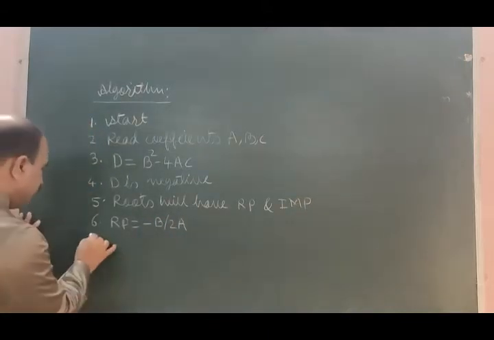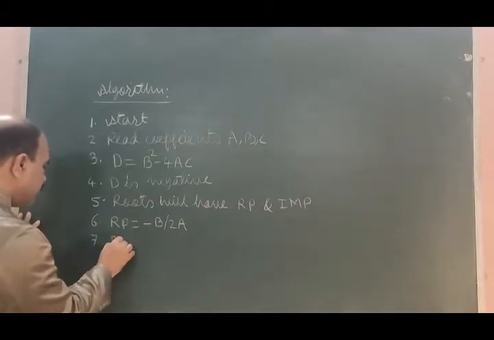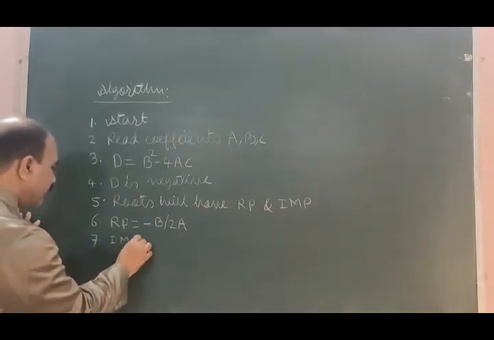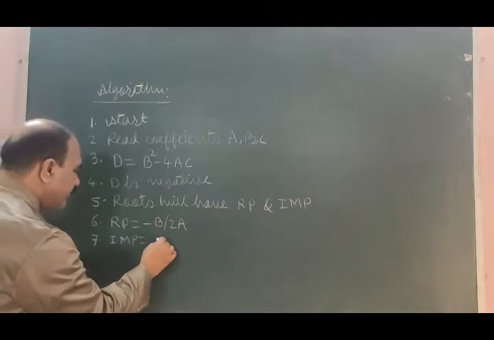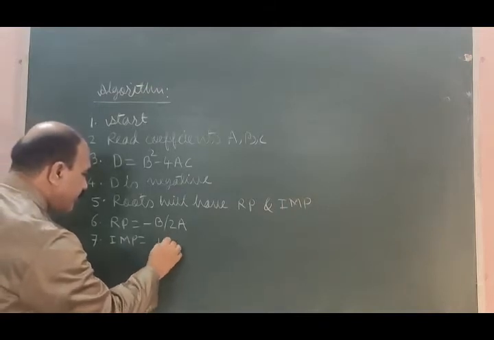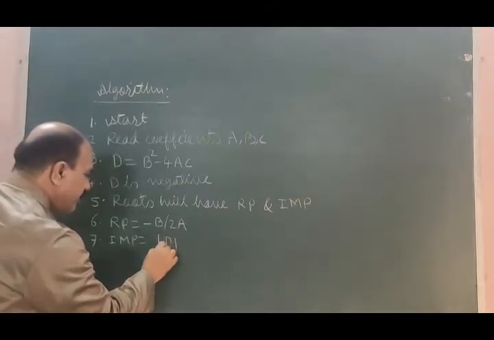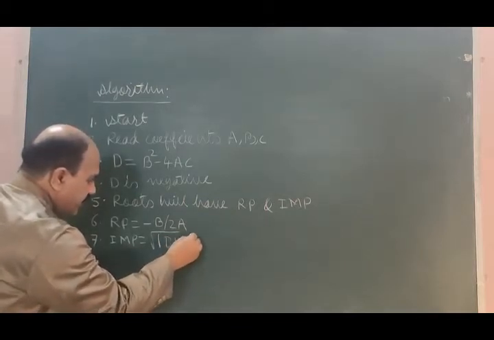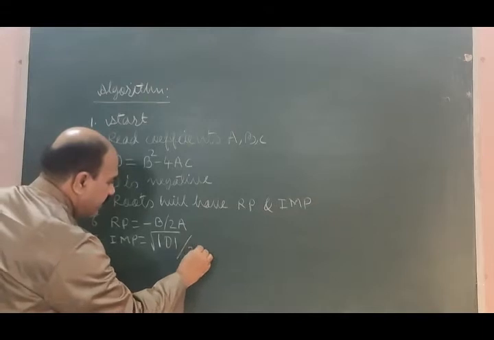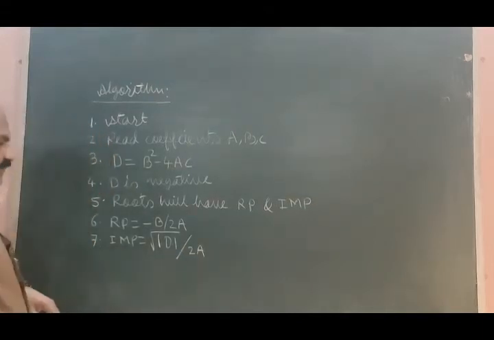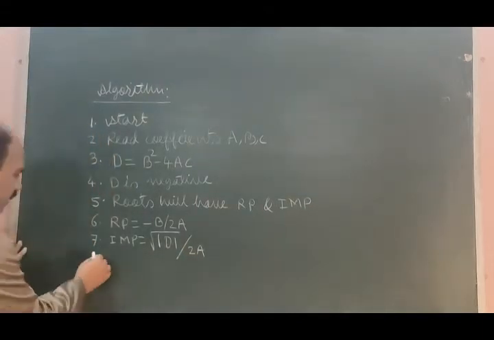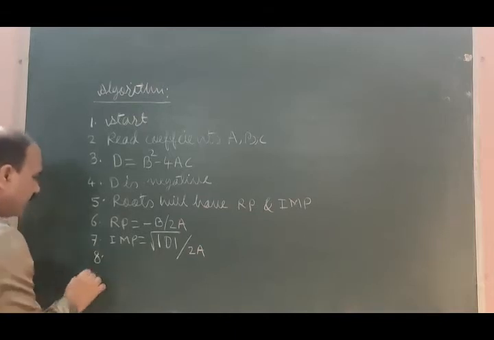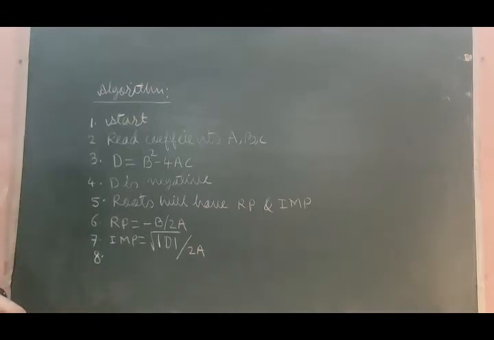How to get the imaginary part? Modulus of D inside the square root divided by 2A. Eighth number.